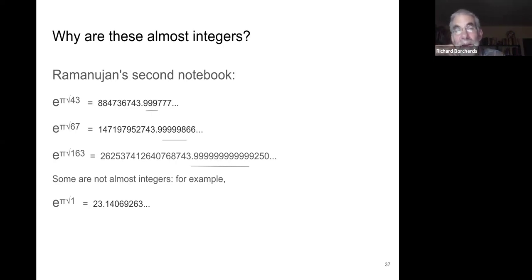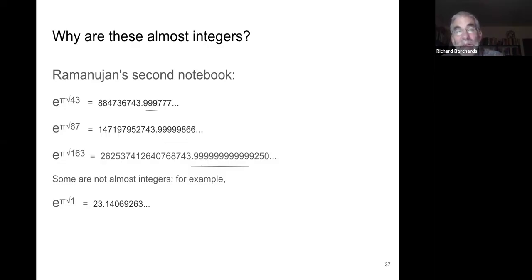There are only a finite number of cases when this happens, and figuring out this finite number of cases is a very difficult problem, which was finally solved a few decades ago.